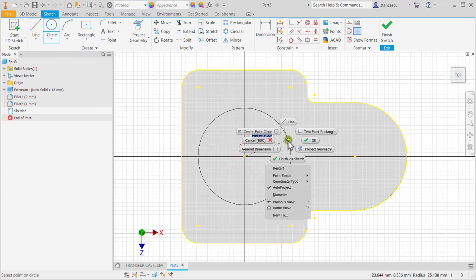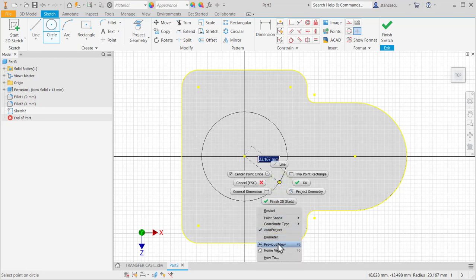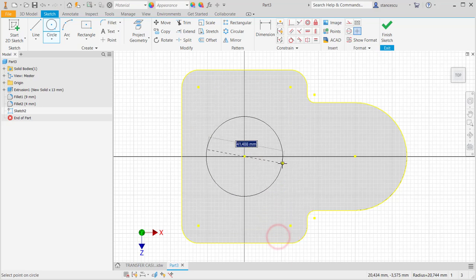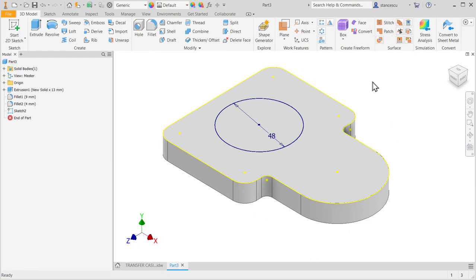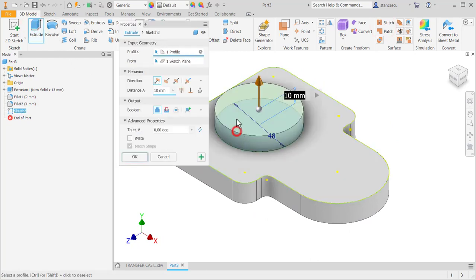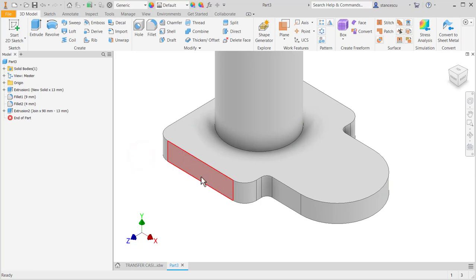Diameter of 48 and height 90, but we have to subtract the base plate, minus 13. Okay.